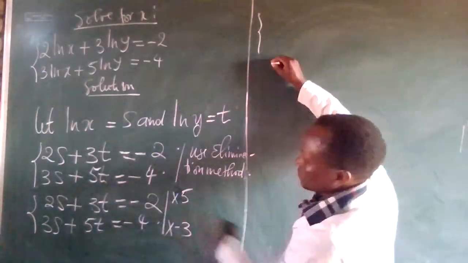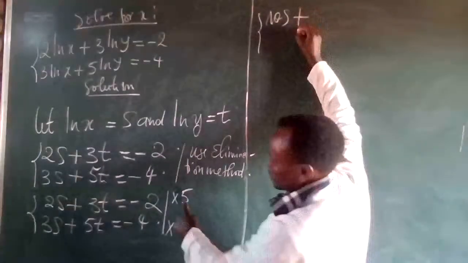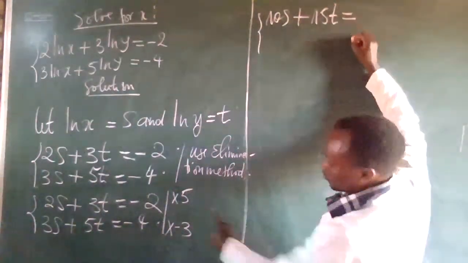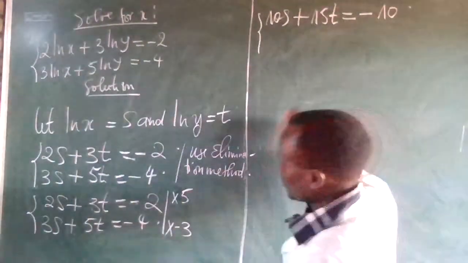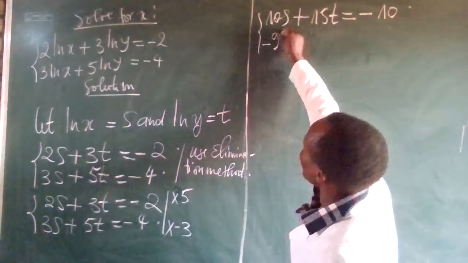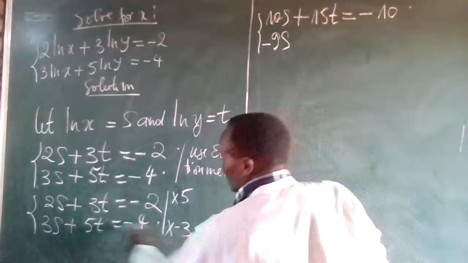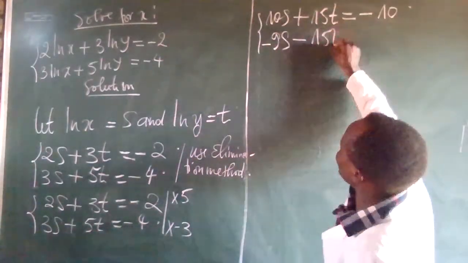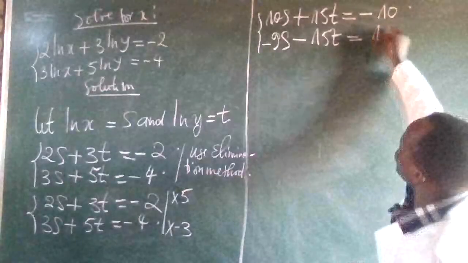Now you write this: 5 times 2 is equal to 10s, plus 5 times 3 is equal to 15t, which is equal to 5 times minus 2, which is minus 10. The second line: minus 3 times 3 is minus 9s, and minus 3 times plus 5t is minus 15t, which is equal to minus 3 times minus 4, which is 12.